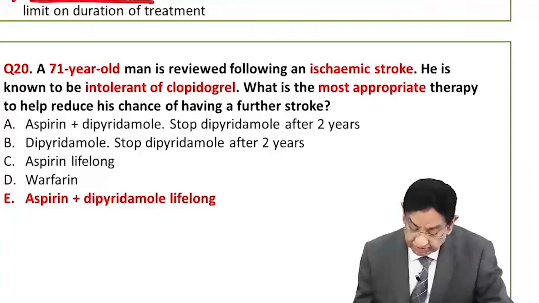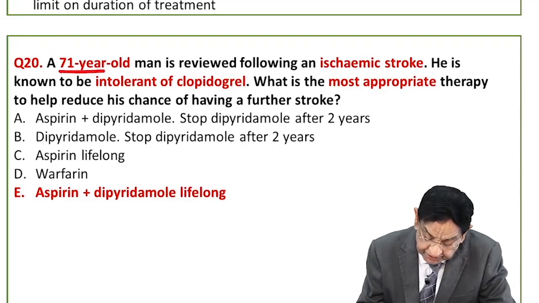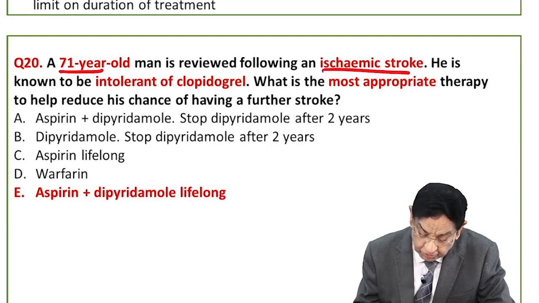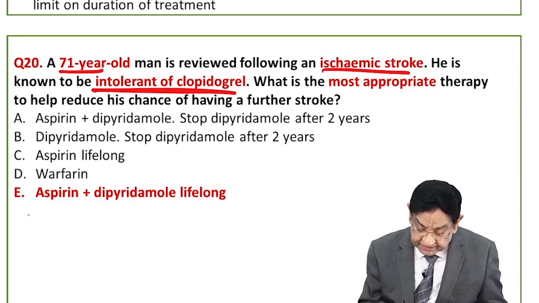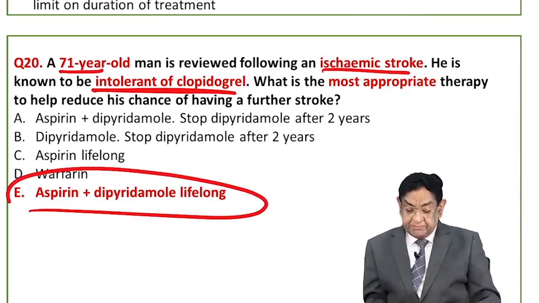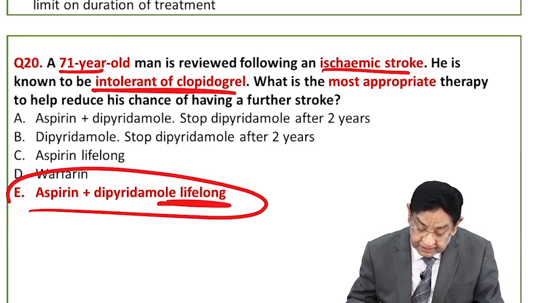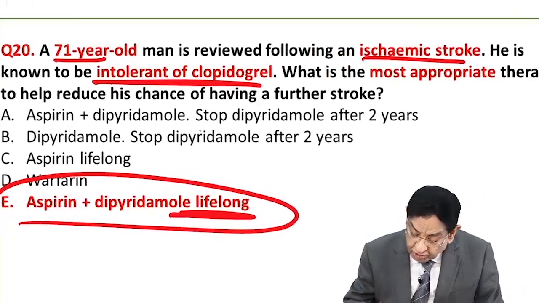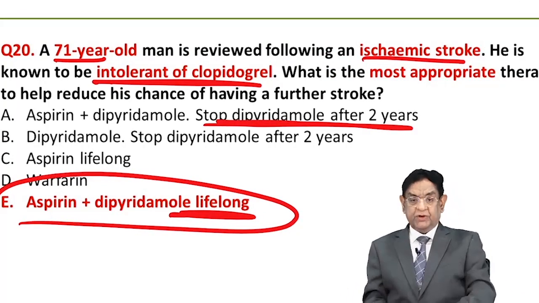With this background, we come to the next question. We got a patient, 71-year-old, ischemic stroke, intolerant to clopidogrel. What next? The answer is aspirin and dipyridamole lifelong. And stopping after 2 years is gone.